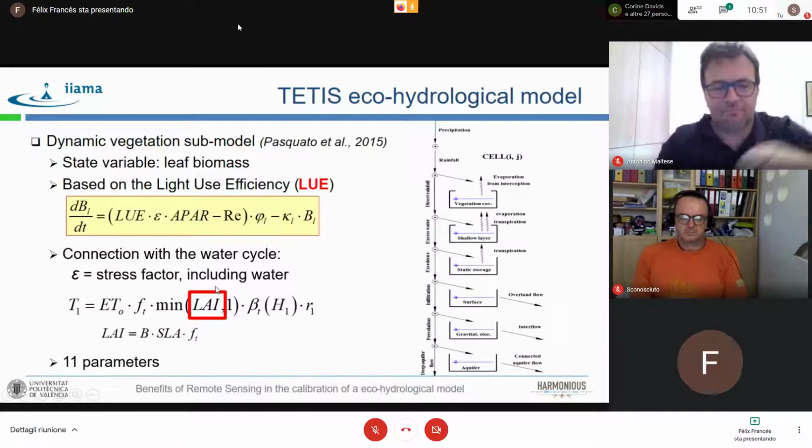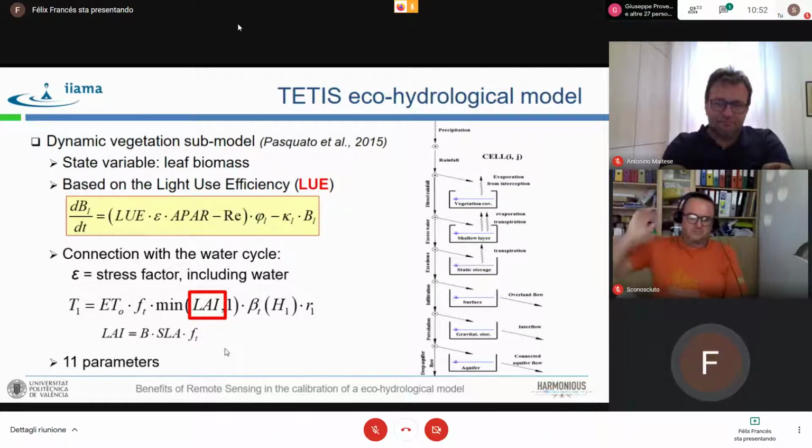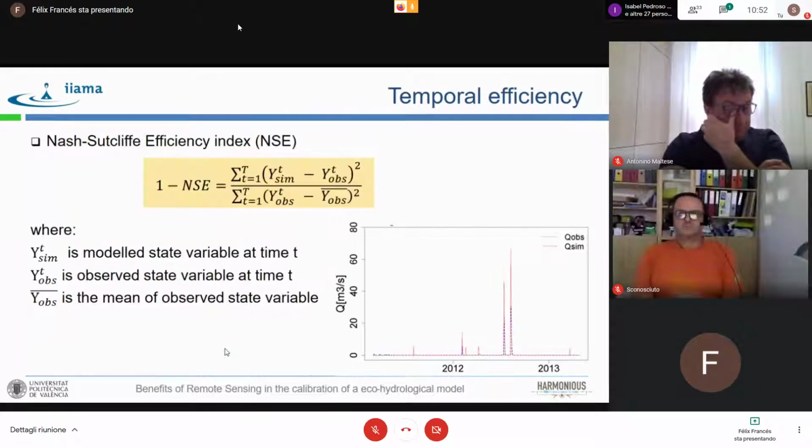So the leaf area index is also a state variable in our model, and we can compare the observation with the simulation. At the end, for vegetation, we have 11 parameters for each functional type of vegetation, but in practice, the number of influential parameters is much smaller than 11.